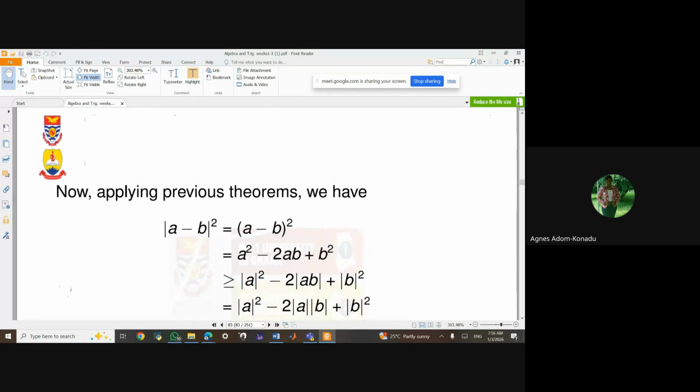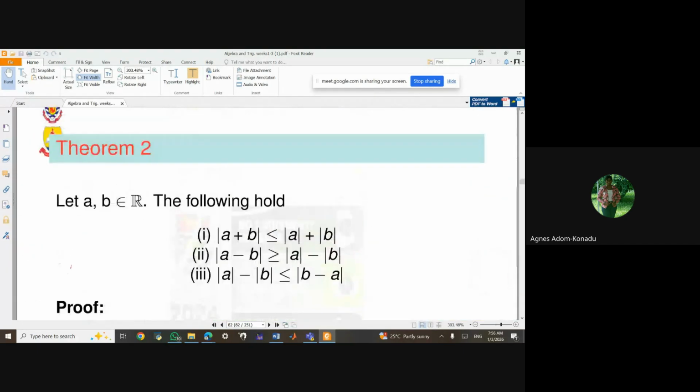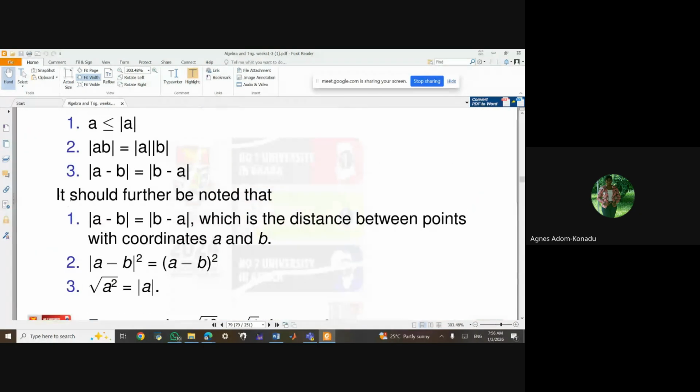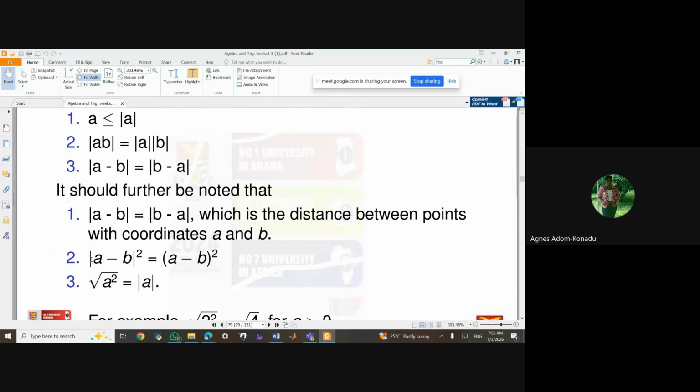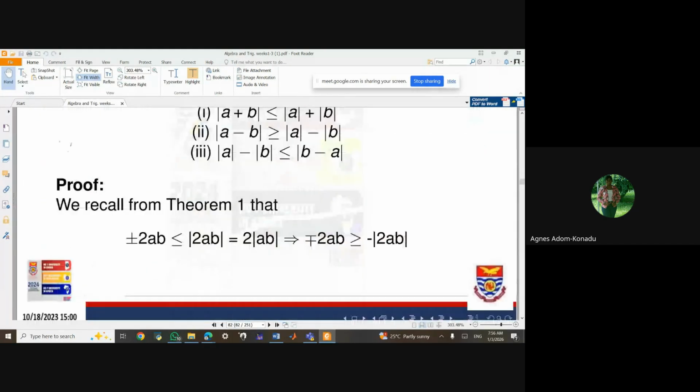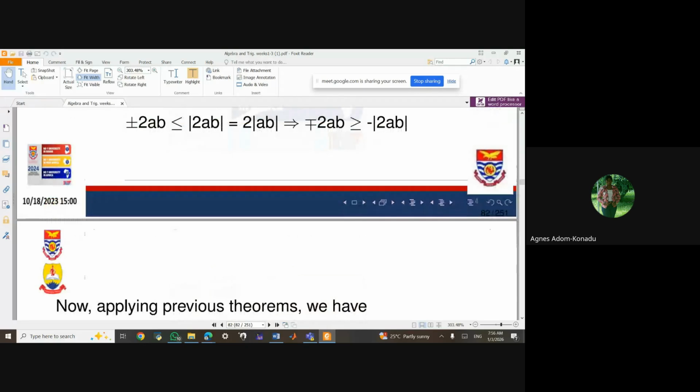So now applying the previous theory, we were told that absolute of A minus B squared is equal to A minus B all squared. We want to prove something. So we know from here that the absolute of A minus B squared is equal to A minus B in a normal bracket squared. So that's what we are using to prove this. Please, we have this in mind.